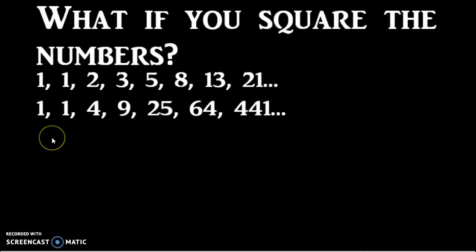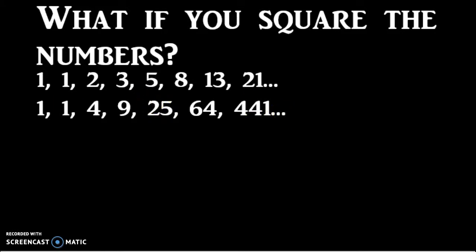So what if you square the Fibonacci numbers? Well, you would get 1, 1, 4, 9, 25, 64, 400, and 441, and so on.